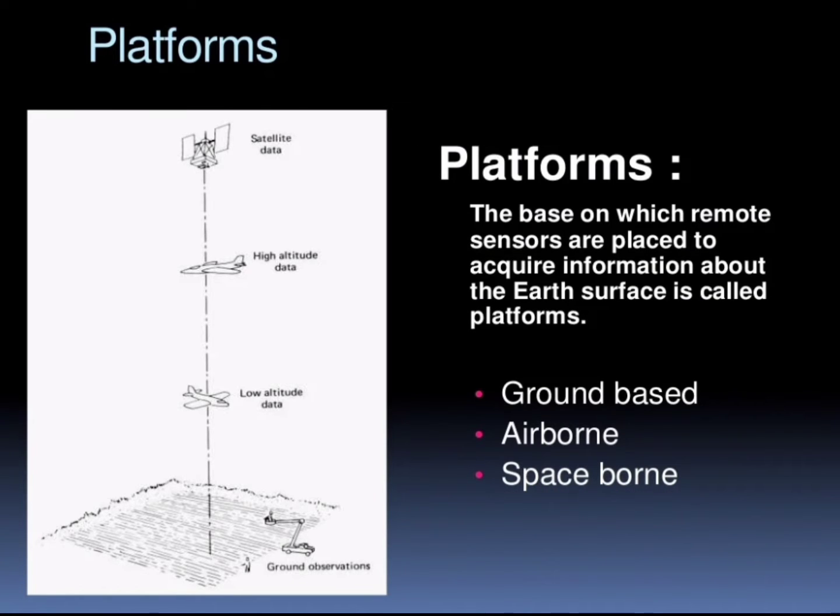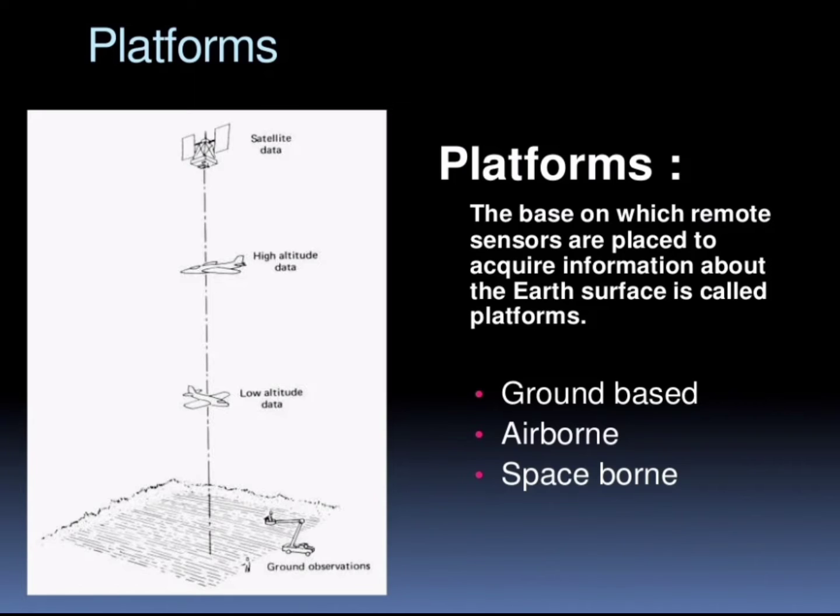In remote sensing, there are platforms. What is meant by platforms? The base on which remote sensors are placed to acquire information about the Earth's surface is called a platform.